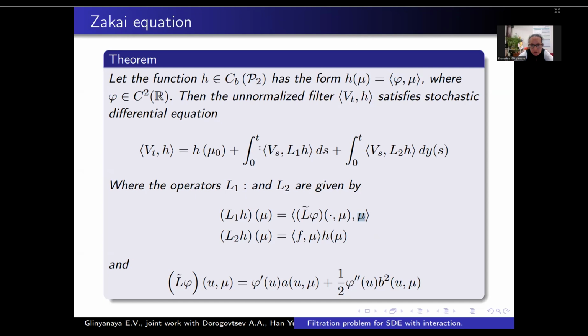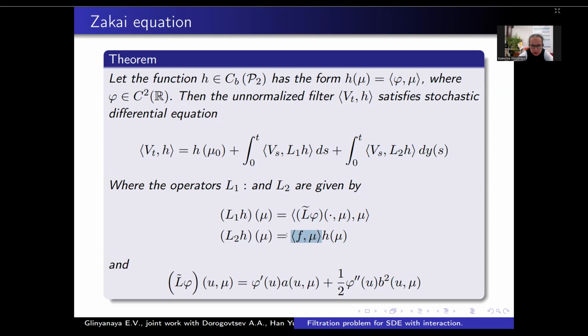So in this formula, we have an unnormalized filter that acts on this measure, on the function that depends on the measure. These brackets denote the integration with respect to the measure of this function of u. Okay, the coefficient in the stochastic part depends on the signal process.